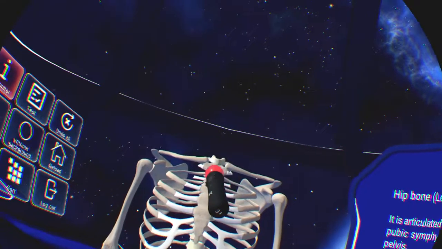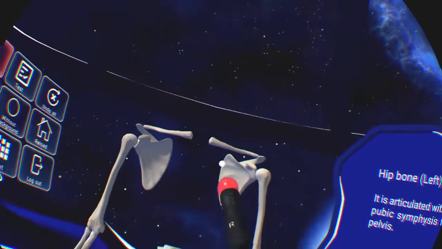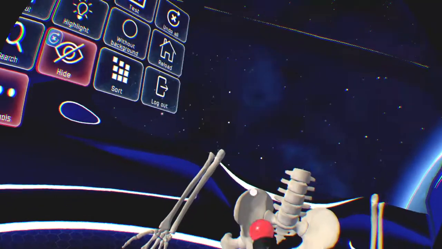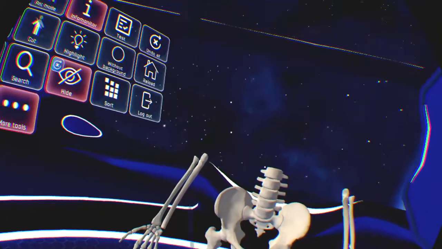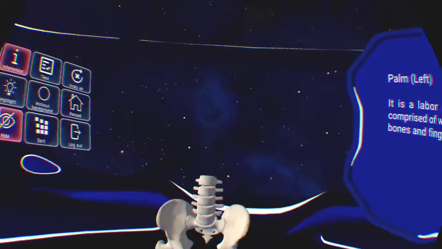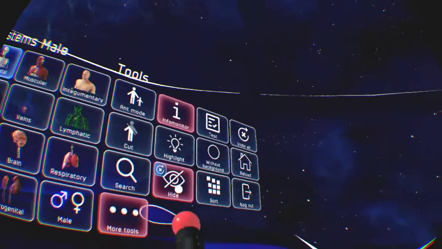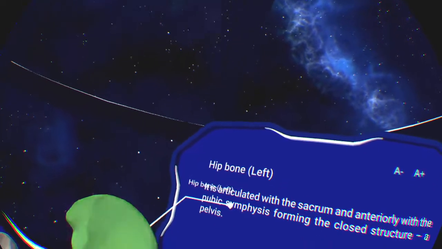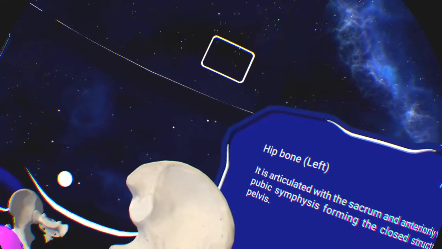Sorry, guys. It's been a while since I had to erase so much stuff all at once. Okay, here we go. Hip bone is just fine.